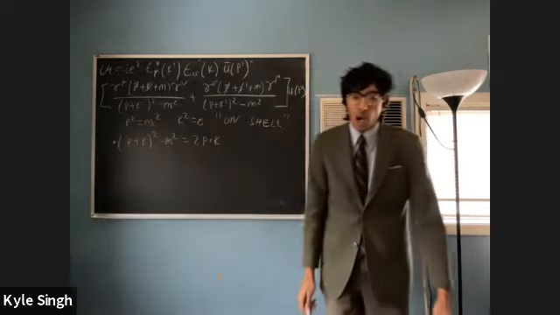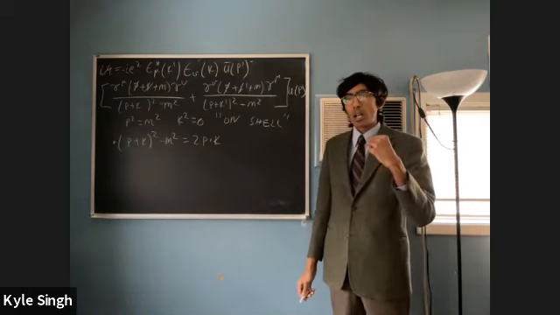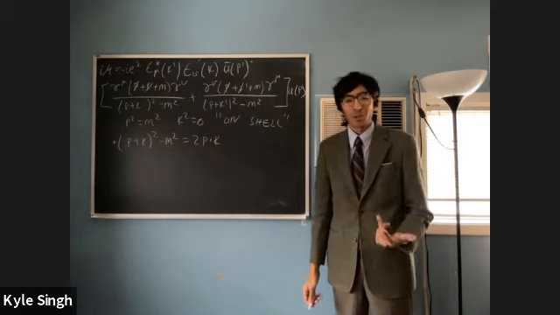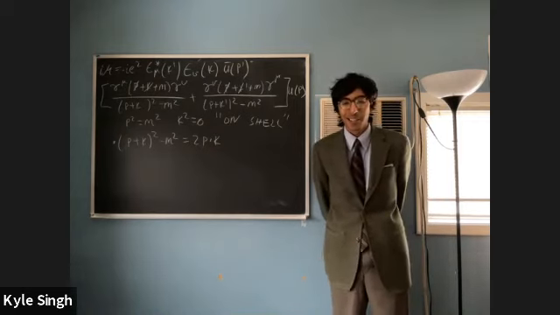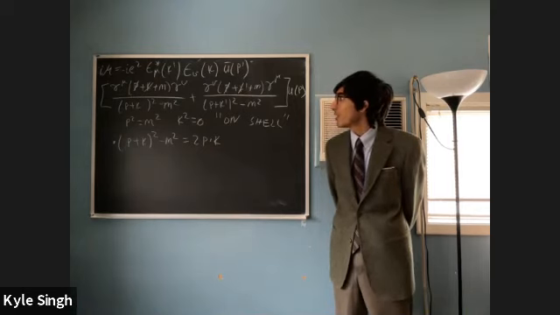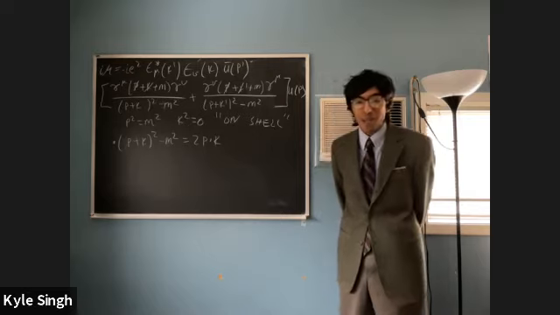Notice how we say virtual particles or internal particles are what? Are virtual particles on the mass shell? What do you guys think based on our calculations? Are virtual particles on the mass shell? No, they better not be on the mass shell.